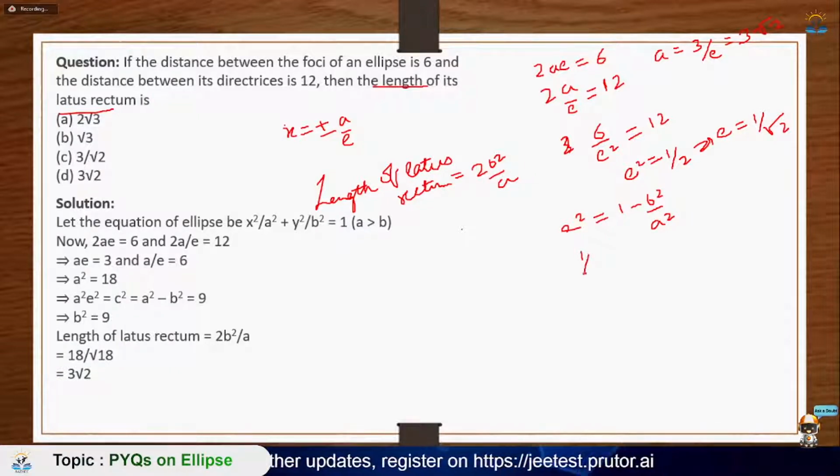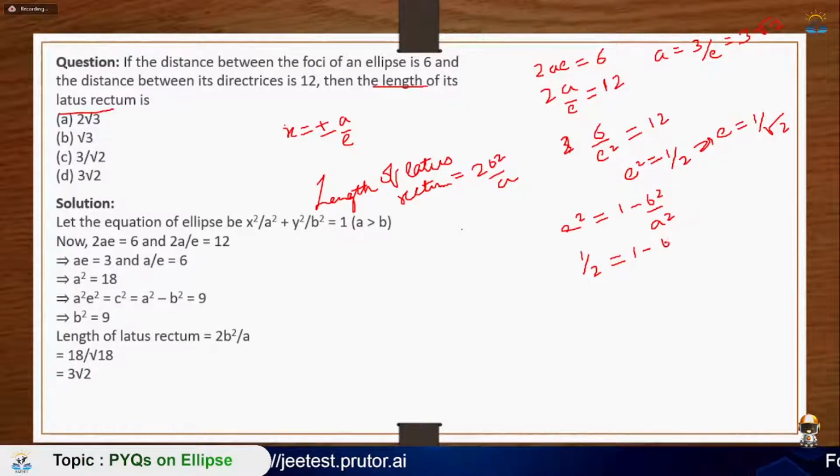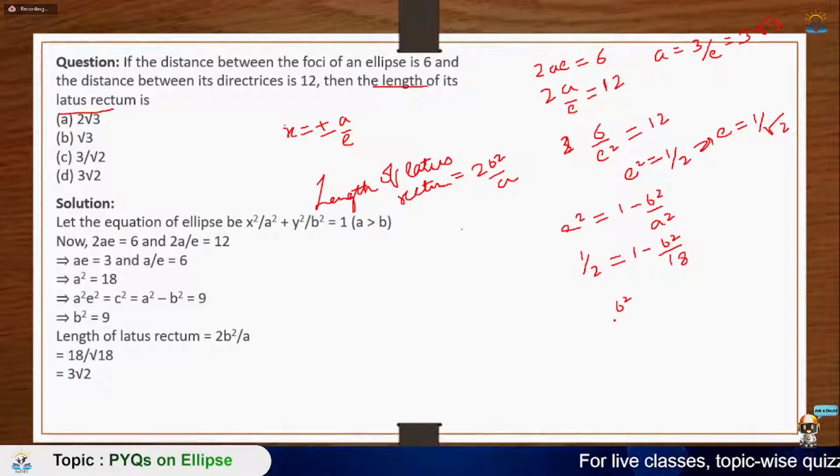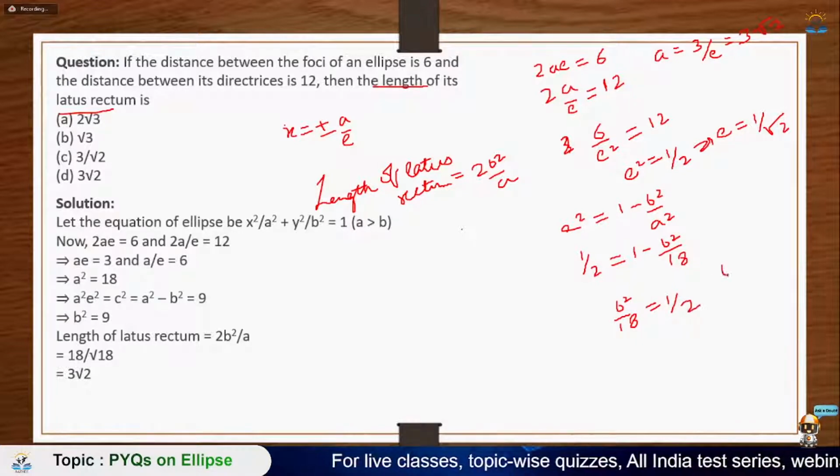So e square is 1 by 2. 1 by 2 is equal to 1 minus b square by a square. And b square I need to calculate. A square is 3 root 2 squared, that is equal to 18. So from here I am getting b square by 18 is equal to half, and b square is coming out to be equal to 9. So b is equal to 3.